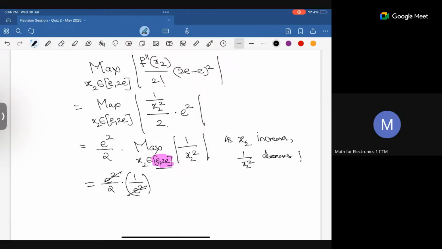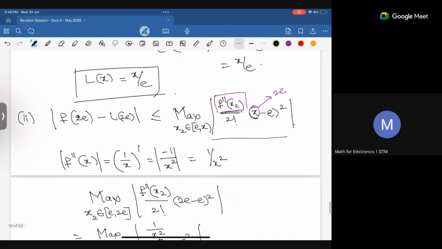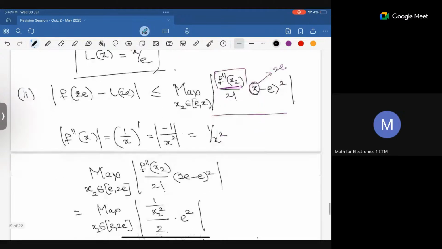And this will get cancelled out. And we'll get half as the maximum possible error at point 2e. Okay, so this is how we compute the maximum possible error.